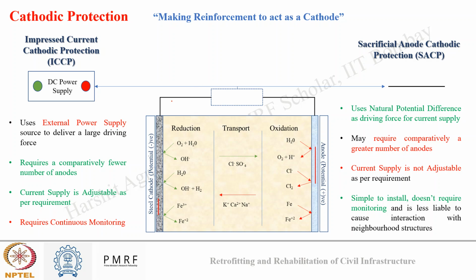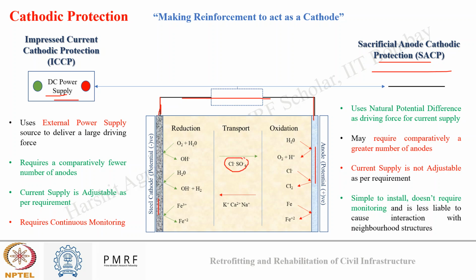Now I can connect the steel and the anode in two ways, either directly, as in sacrificial anode, or in impressed current, where I connect them with the help of a DC supply. Now what will happen? My steel will become a negative terminal, my external anode material will become a positive terminal. So what will happen?